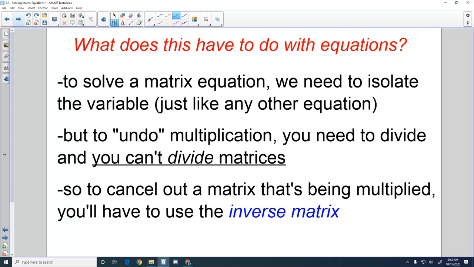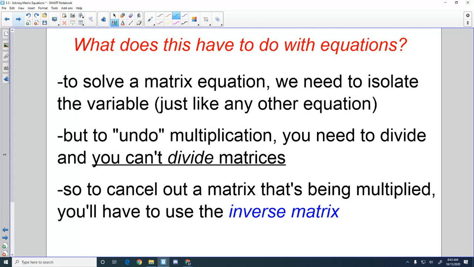But the one thing that's tricky is, what if 2 matrices are being multiplied? You have to undo multiplication. With numbers, you would just divide to do the opposite of multiplication. But we can't do that with the matrix. So instead, whichever matrix we want to cancel out, we multiply by its inverse.